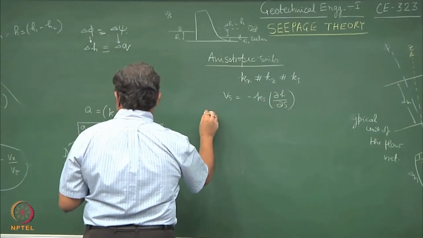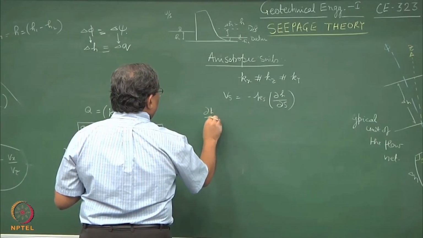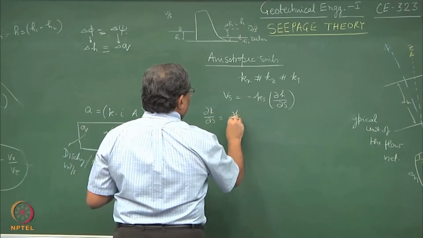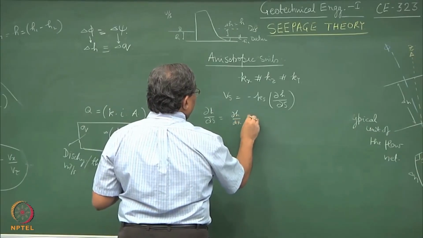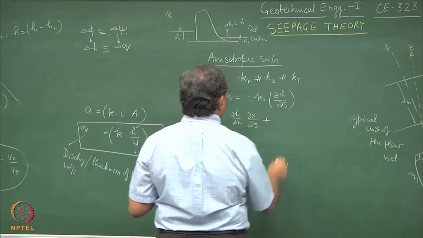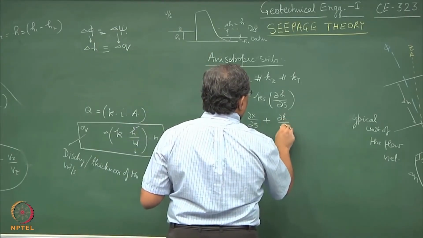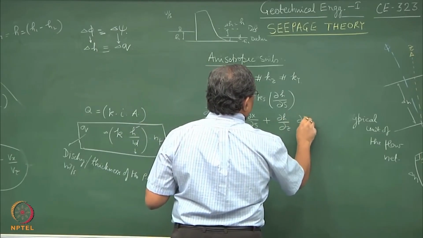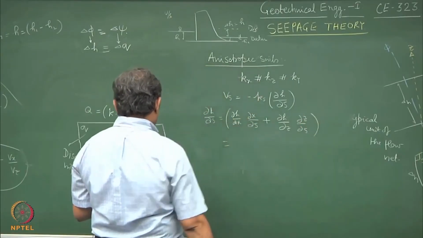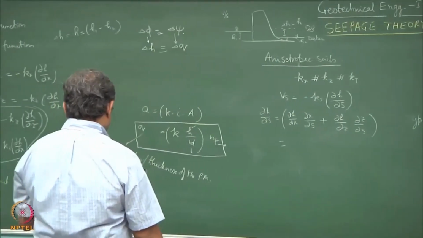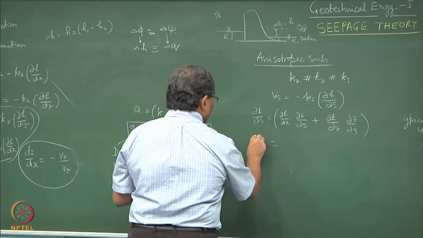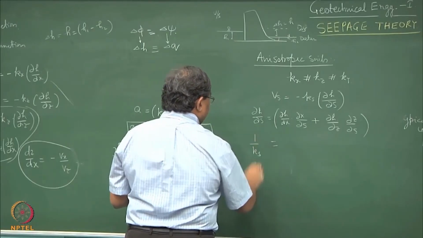Now, if I solve this function del h upon del s, this will be equal to del h upon del x into del x upon del s plus del h upon del z into del z upon del s. This can be shown to be equal to 1 upon k s.